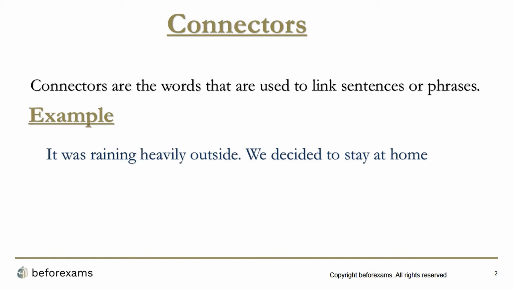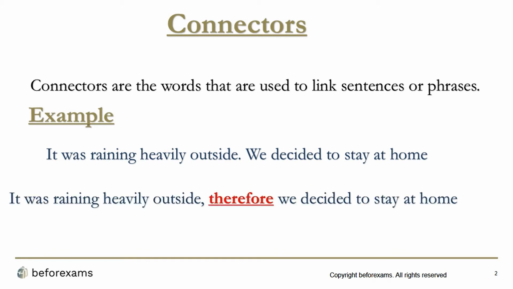Now if we want to make it a little complex, what we'll do is use connectors. Let's just take an example of it. It was raining heavily outside, therefore we decided to stay at home. So what we did here is we combined both these sentences with a single word, which is the connector, and that connector is "therefore".